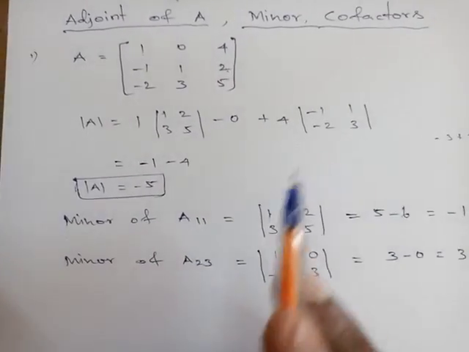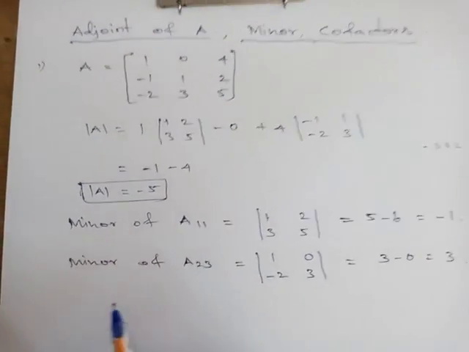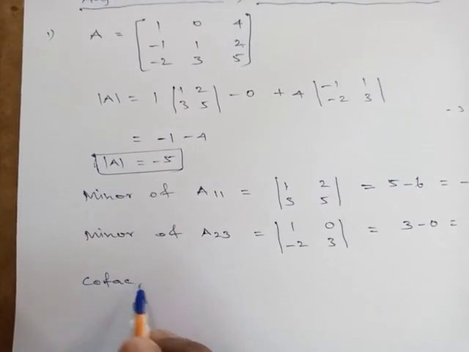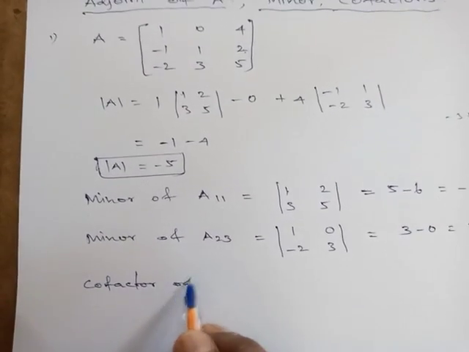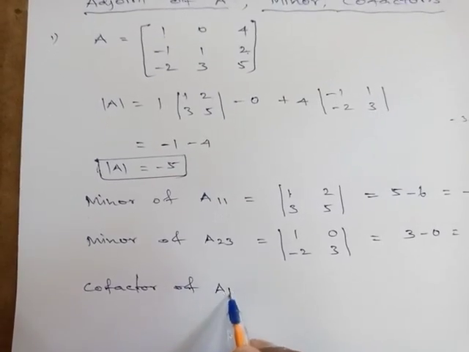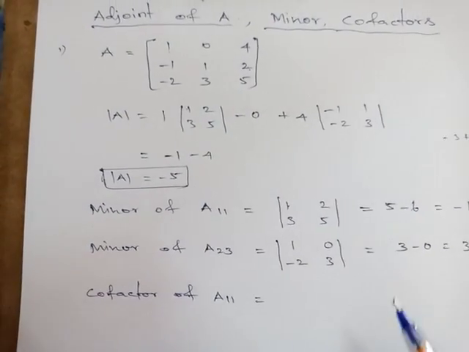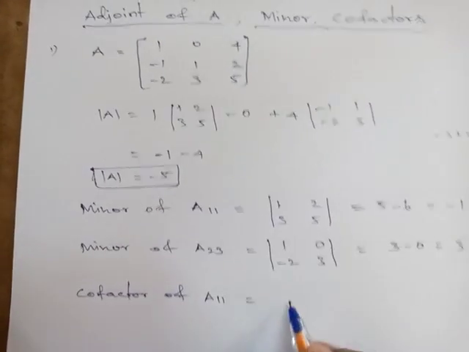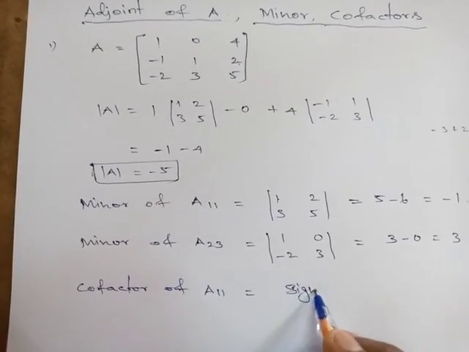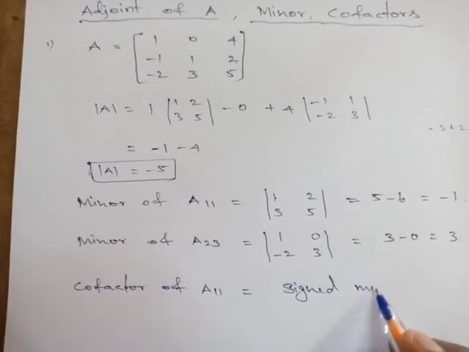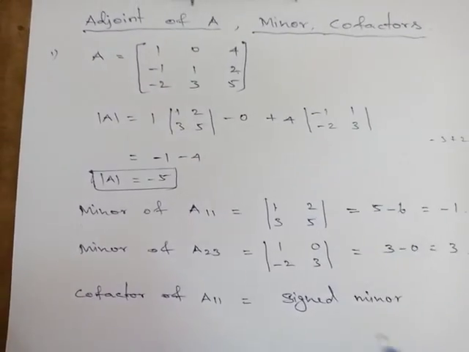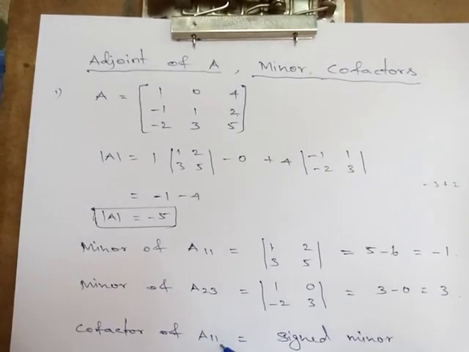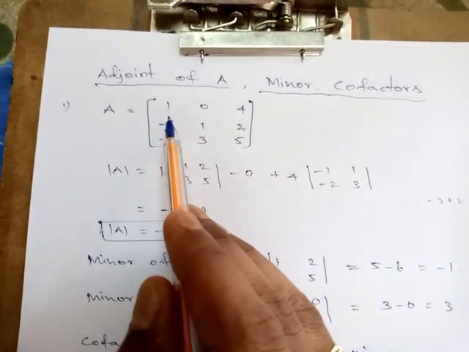Now what are cofactors? Cofactor of A11 is nothing but the signed minor. A11 means first row, first column, which is this element, correct?